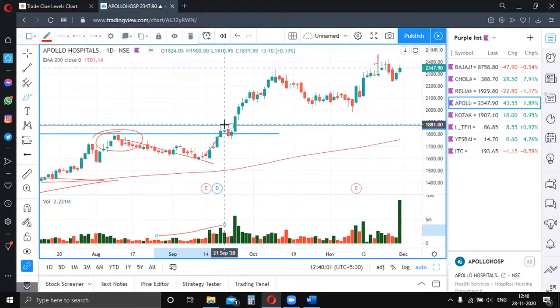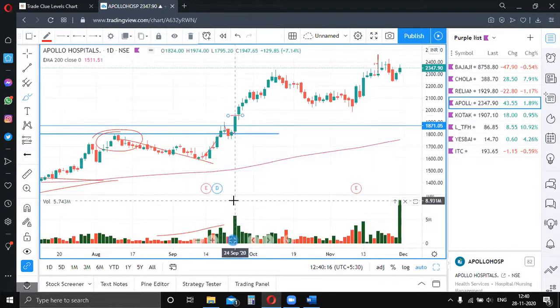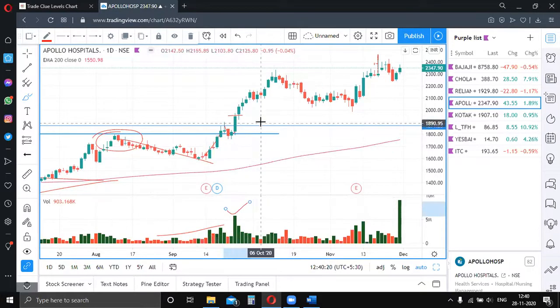Now there is not a single candle which is having a fall off. The second candle itself tried to breach that zone, again came back in the zone. Now here, this is the first candle which is not just breaking the previous high made, but also along with good volumes. There's a very good chance that it will not have a fall off.